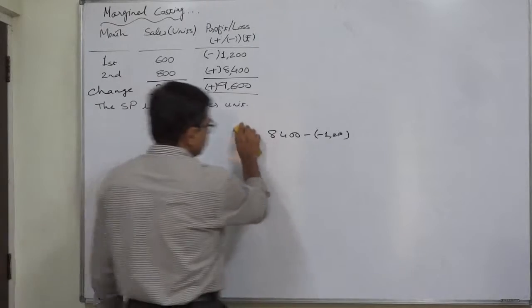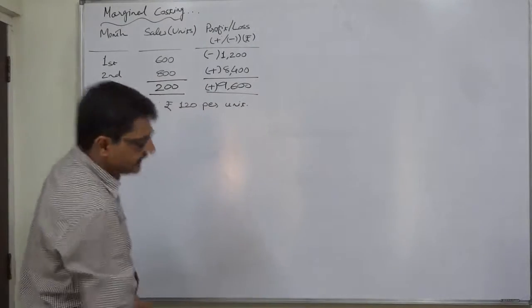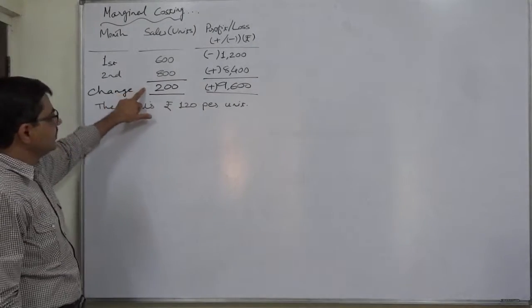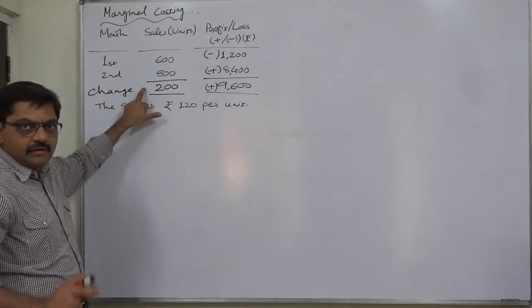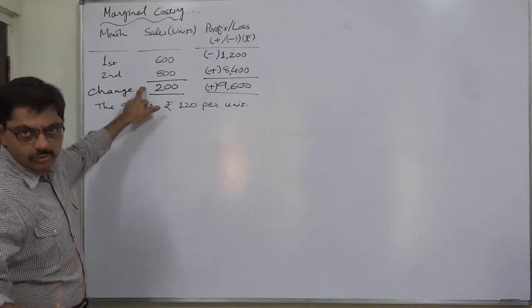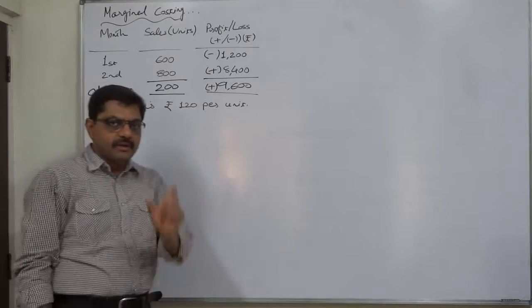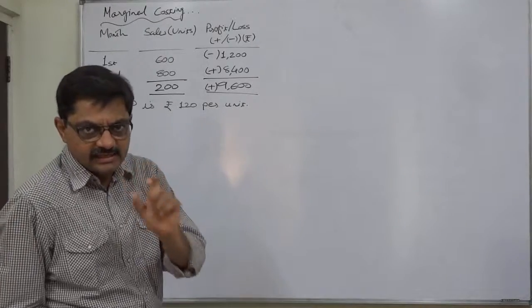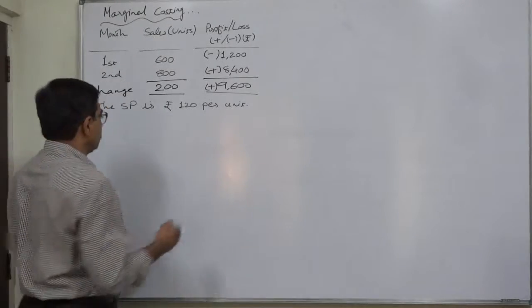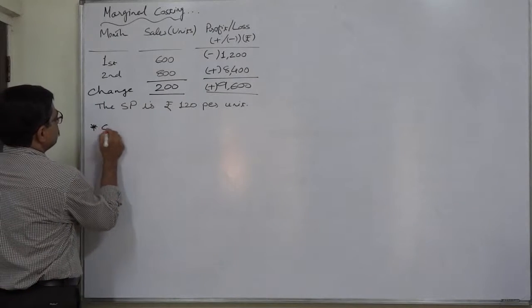Now we have change in sales as well as change in profit, but since we have available the change in sales quantity, we have to calculate contribution, because to calculate PV ratio there must be change in sales in terms of currency or rupees. So let us calculate contribution.